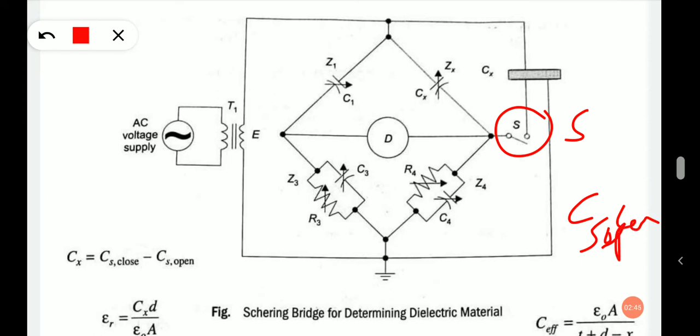Now the switch is closed and the balance is attained once again by adjusting capacitances Cs and C4. The new value of Cs is measured and noted as Cs close.